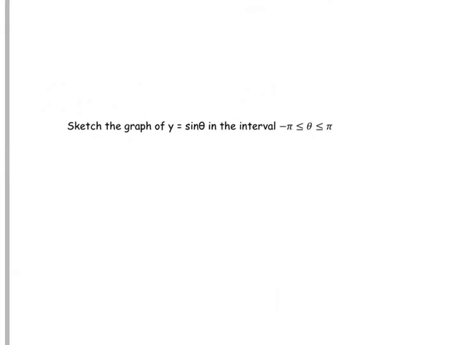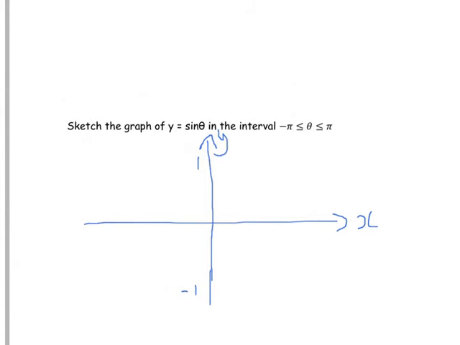Right, we could be asked to just sketch a curve, so we're asked to sketch y equals sine theta here between minus pi and pi. So just quickly set yourself an axis up, y, there's your x-axis. Now remember that sine theta goes between 1 and minus 1. Here is minus pi, here is pi.